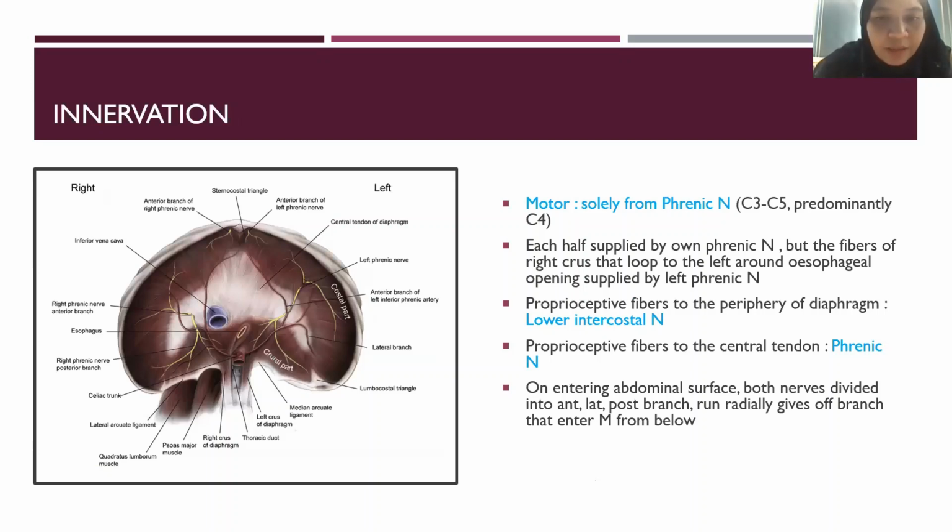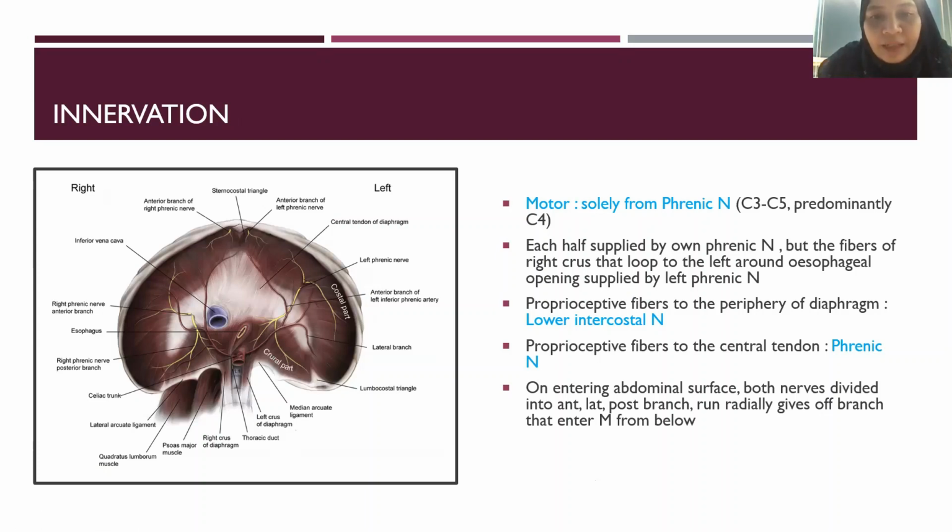So the innervation of the diaphragm: motor is solely by the phrenic nerve, which is C3 to C4, but predominantly C4. Each half is supplied by its own phrenic nerve, but like I said just now, the right crus is supplied by the right phrenic nerve, and the one on the left side is supplied by the left phrenic nerve.